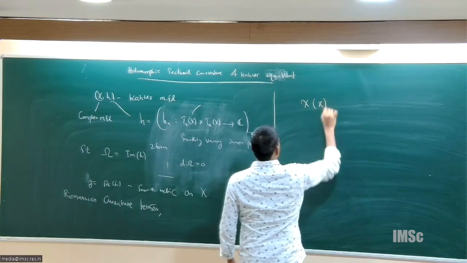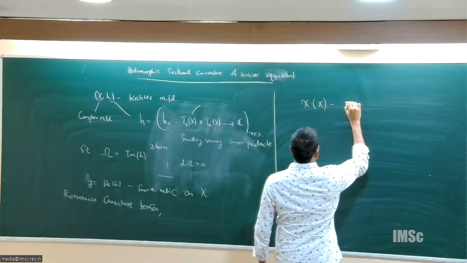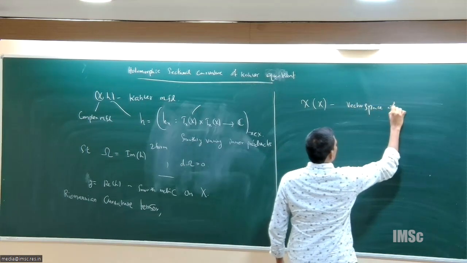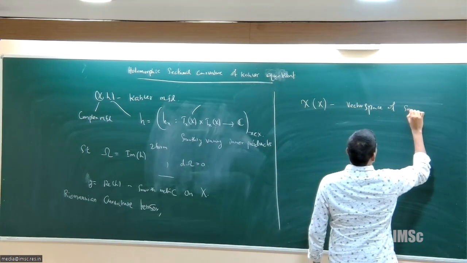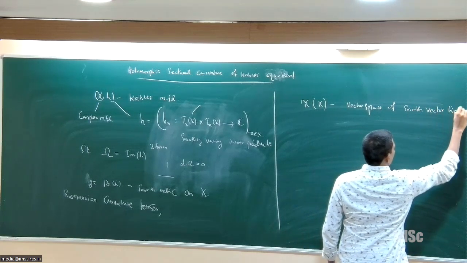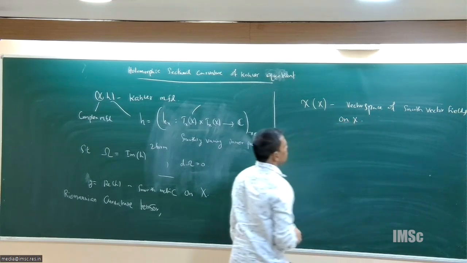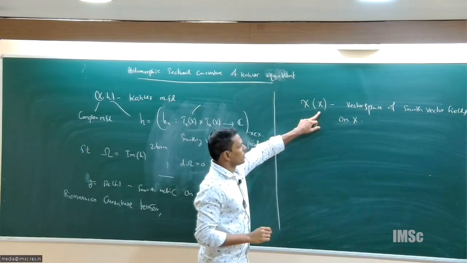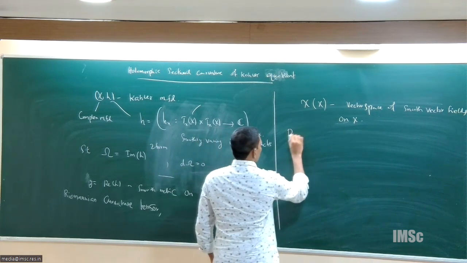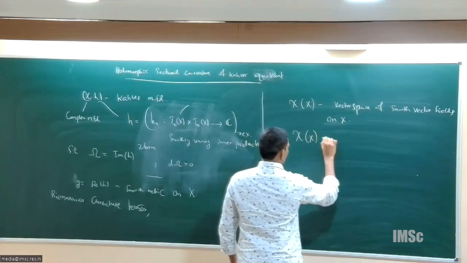If you consider X as this underlying smooth manifold, then this is a vector space of vector fields. This is the family of tangent vectors that vary smoothly. The Riemannian curvature tensor is defined as follows.